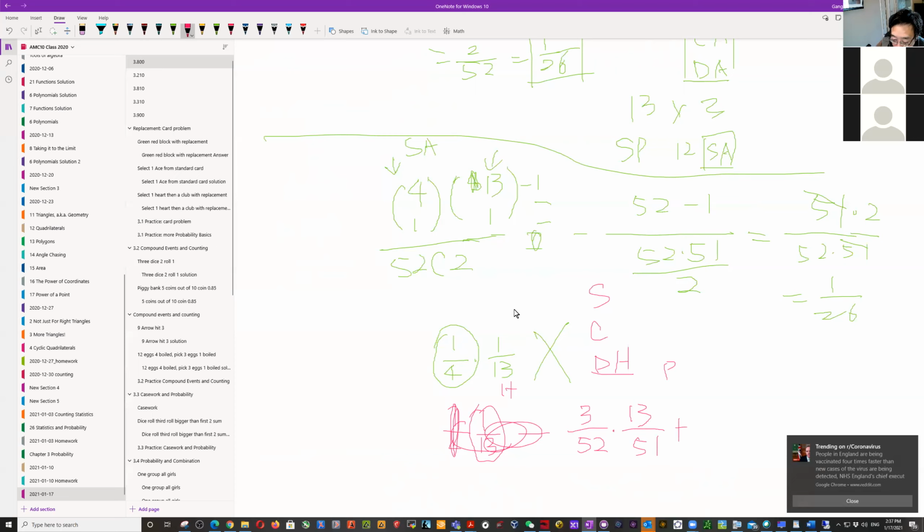And I have to add, I have 1 out of 52 ways to select a spade ace. So this is ace, ace, ace. Then after that, I have 12 out of 51 ways to select the remaining card.